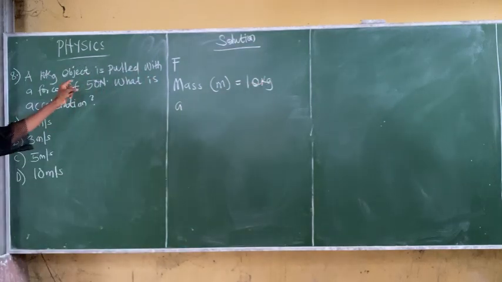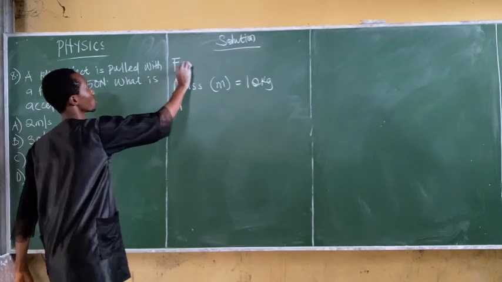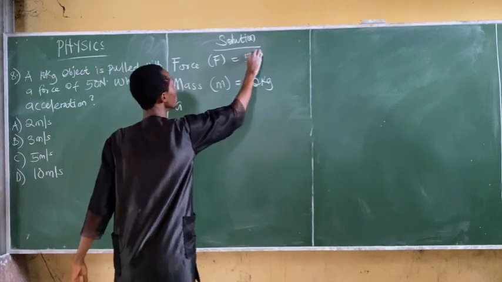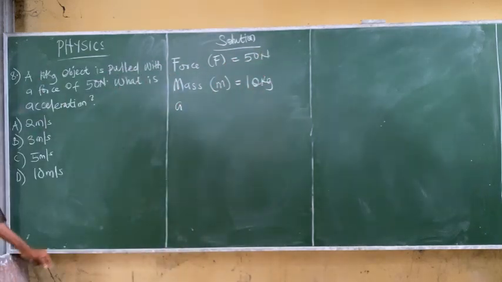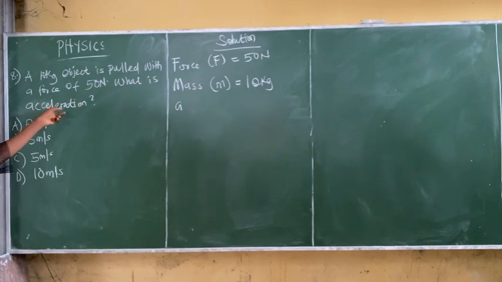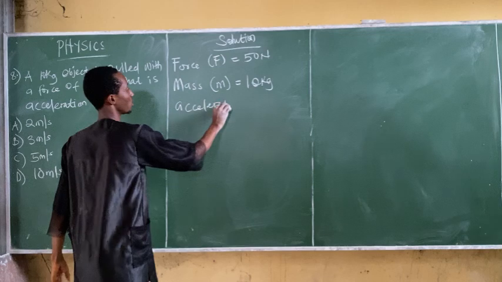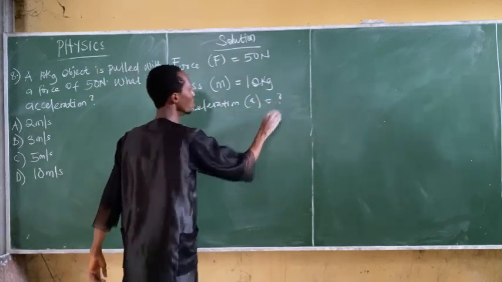They said it is pulled with a force of 50 newtons. So they gave us force to be 50 newtons. What is the acceleration? So acceleration A is unknown.